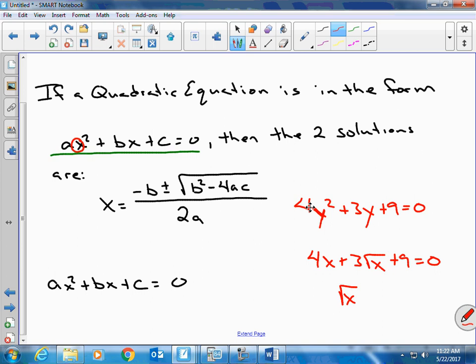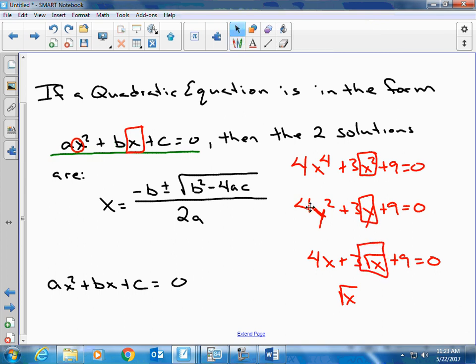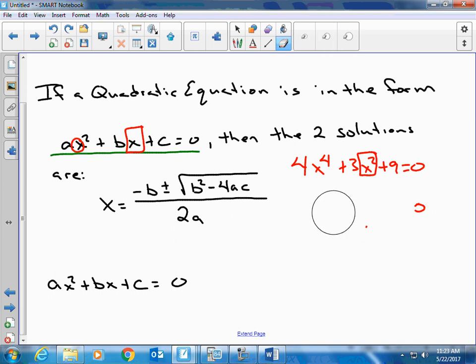There's lots of applications. I've got to do one more. If I have 4x to the fourth plus 3x squared plus 9, my answer would be x squared. So whatever variable is written right here, that is the variable you are solving for. Or in some cases, the expression you're solving for. Okay? That was a side note that we'll build on in a little bit.